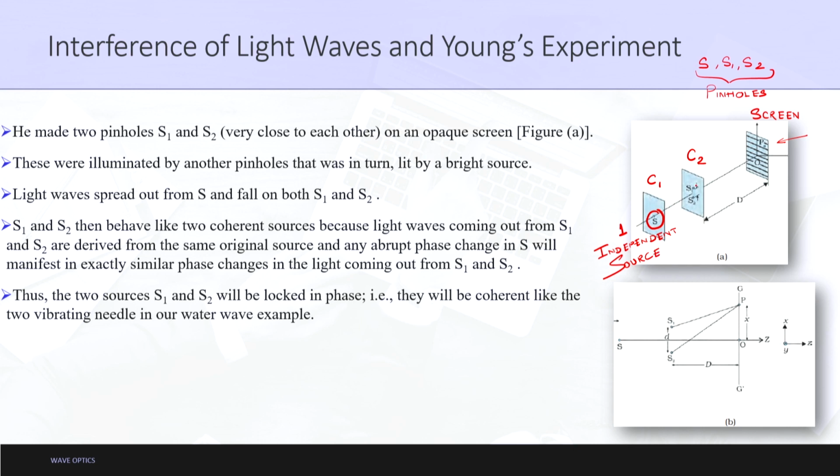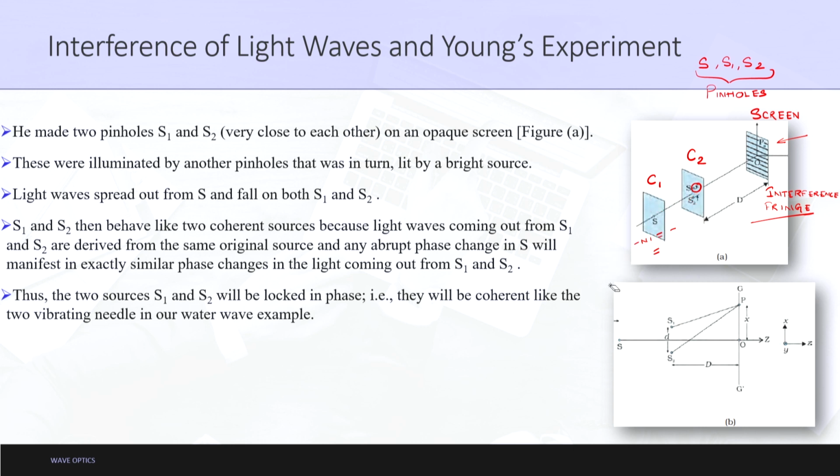Then in the second cardboard there are two pinholes, again denoted by S1 and S2, and finally, due to the interference, an interference fringe is formed. I explained in the last slide what an interference fringe is. So this is the explanation of the first diagram, and for the second diagram I will go with the mathematical formulation. Okay, so this is explained.